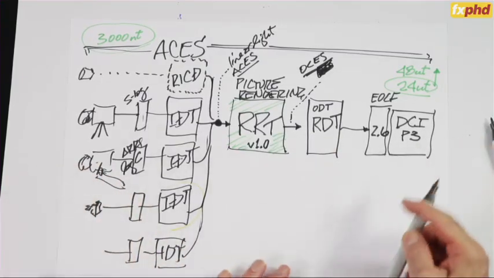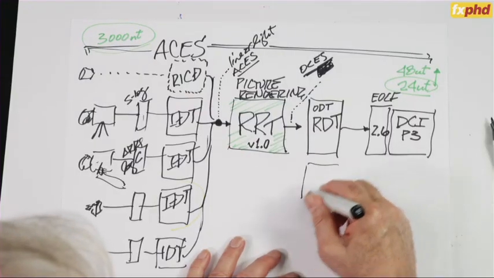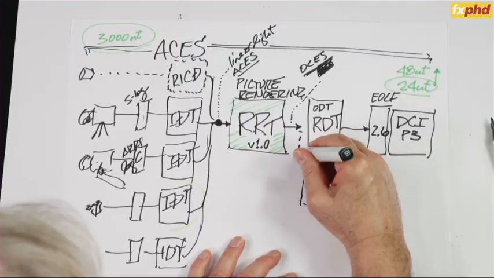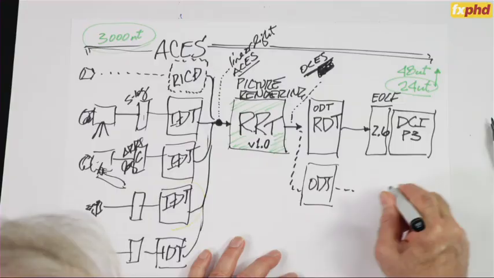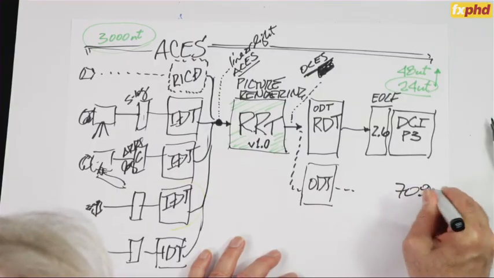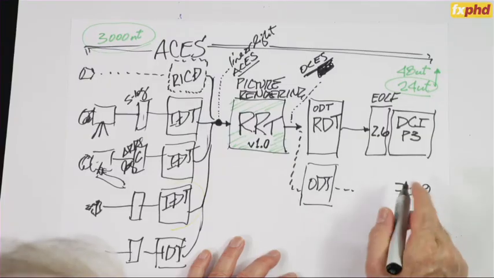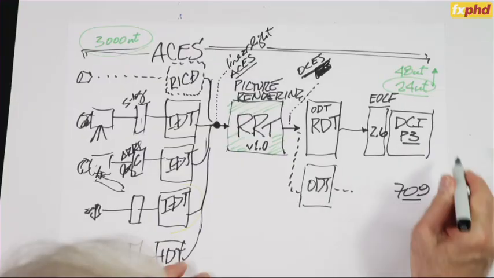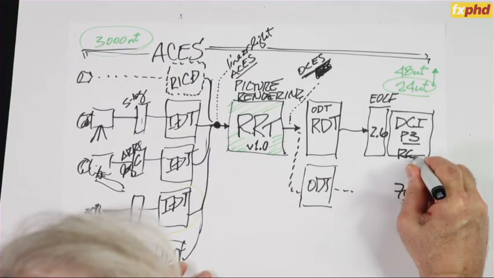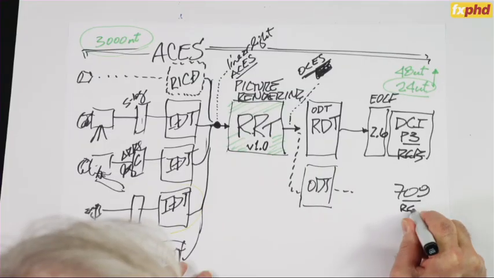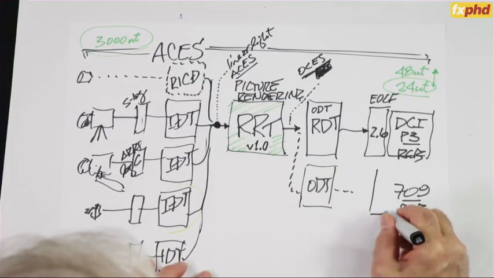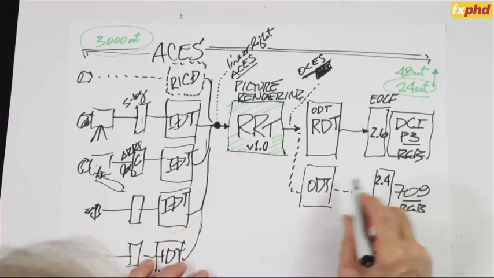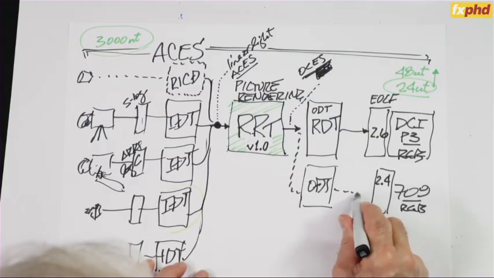Now, I'm sure you can see where we're headed here. There's going to be different ODTs. You could have an ODT directed to a 709 display, which has a little bit less color gamut because it's 709 space instead of P3 space. Both of these will be RGB, but they're different flavors of RGB. And 709 is associated with a 2.4 gamma, so its ODT will have to compensate for that.